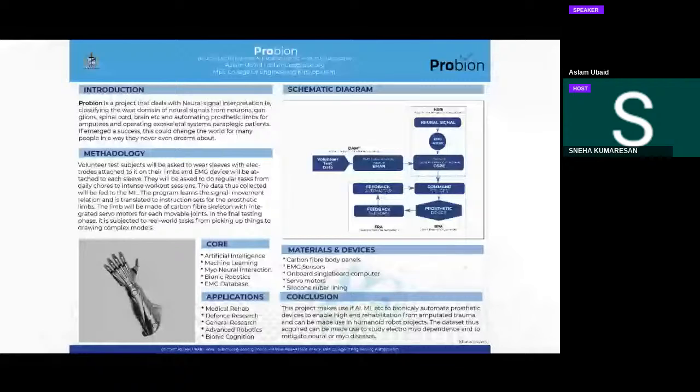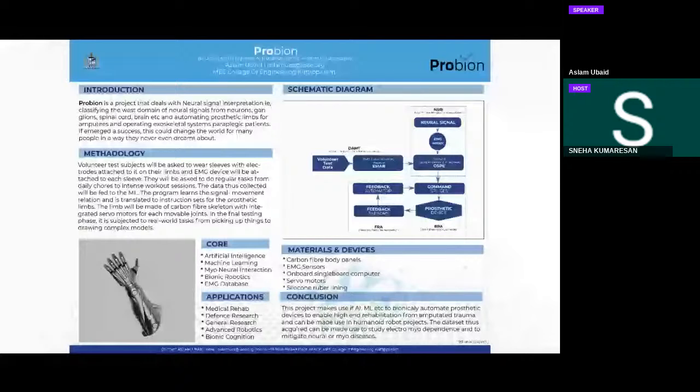ProBion is a robotic device which will mimic normal human body movement, that will enable us to go about our life normally.